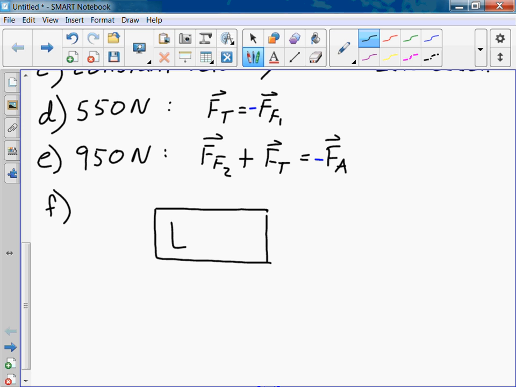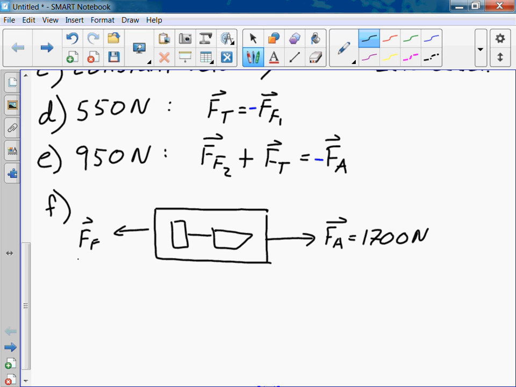Okay, so now we've got. Look at the system as a whole again. Now we've got an FA of 1,700 newtons and a frictional force of 1,500 newtons.